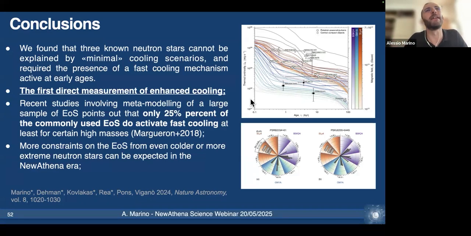So these results can be extrapolated and tell us that probably 3/4 of the available equations of state right now are not compatible with the mere existence of these 3 neutron stars. So that makes this result, I would say, definitely more interesting. And finally, the NewAthena era will allow us to find, if existing, even colder and more extreme neutron stars. So thanks a lot.